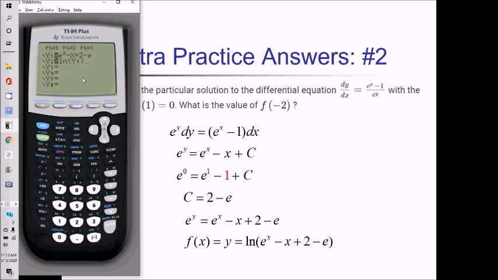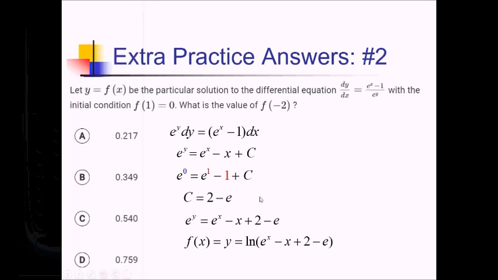So at this point, let me quit out of here now, and I'm going to do alpha trace y2, because that's where I ended up storing the whole thing. y2 of, and now I need to plug negative 2 in there, so negative 2, and then just press enter and hope for the best. We get about 0.349 if I round off to 3 decimals, so that's going to be answer choice B.